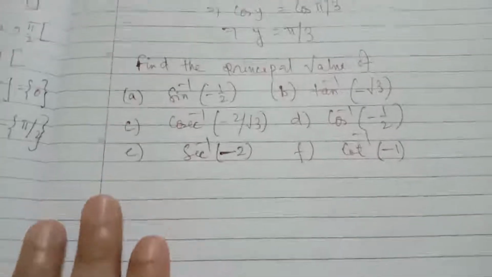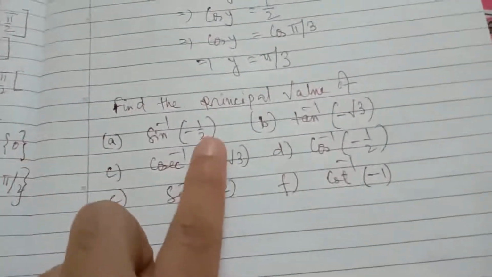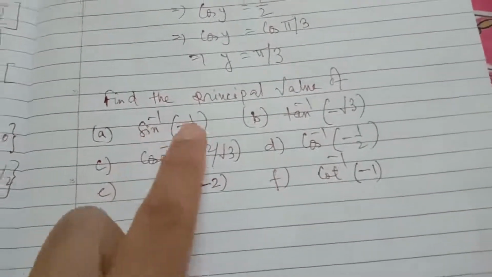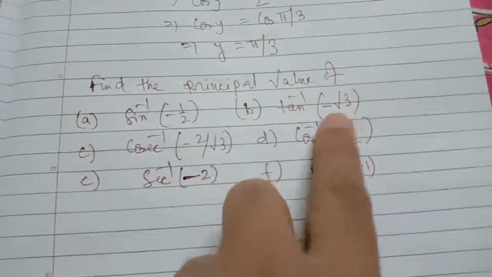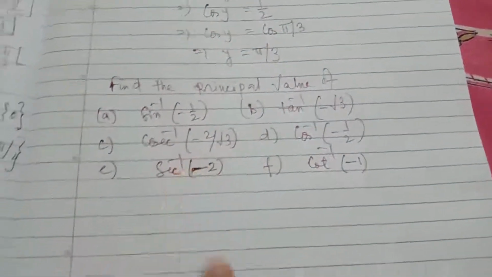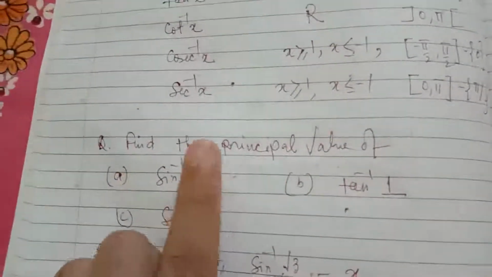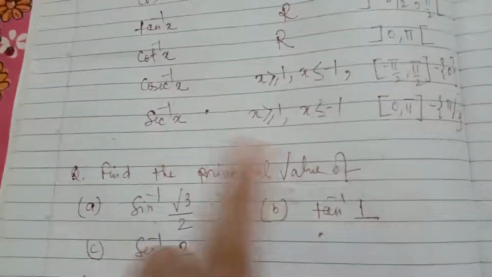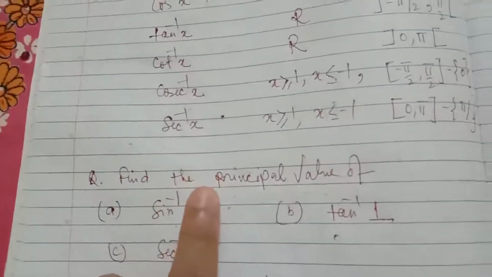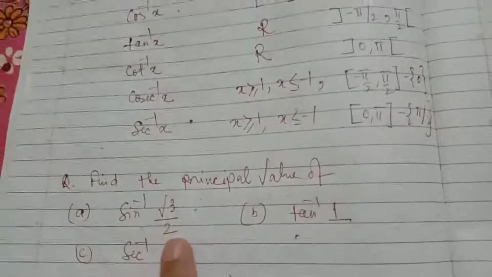Now I have taken negative values. You can see sine inverse of minus half, tan inverse of minus root 3, cosec inverse of minus 2 by root 3, etc. First, I have done the problems where positive values are given: sine inverse of root 3 by 2, tan inverse of 1, sec inverse of 2.